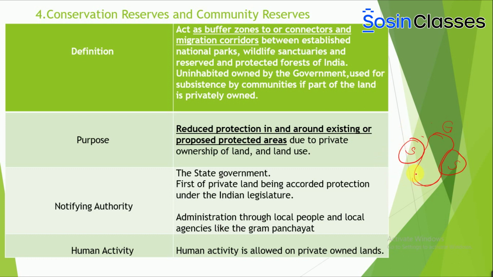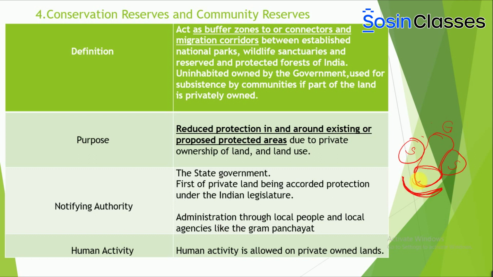This area, which acts as a buffer zone, has certain private lands which the government gives to the people for sustenance. There might be a community or communities living near the protected areas which use these private lands for their sustenance.